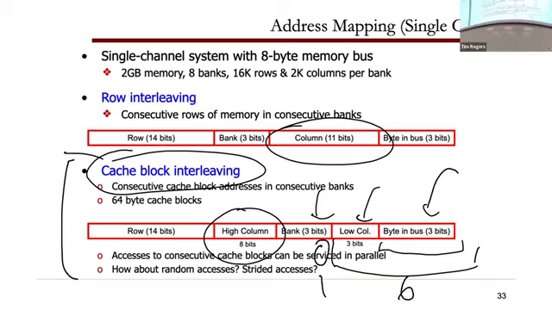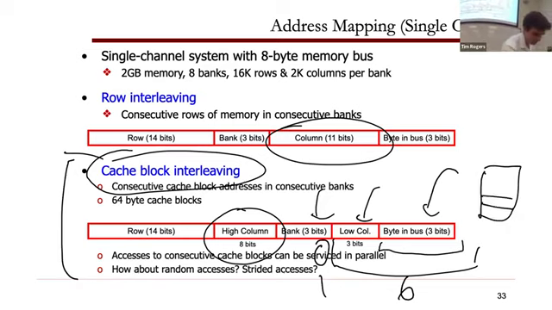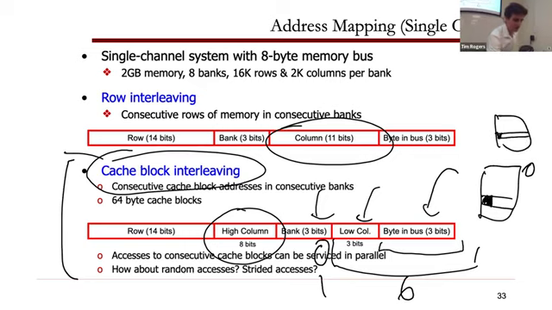So it now becomes a little bit trickier to think about the way that the data is laid out in the banks themselves. Because the real issue here is that the block is not as wide as the row. So with this mapping, I've got this super wide row, and then I'm going to have one whole cache block live in bank 0's row 0, and one whole cache block live in bank 1's row 0.